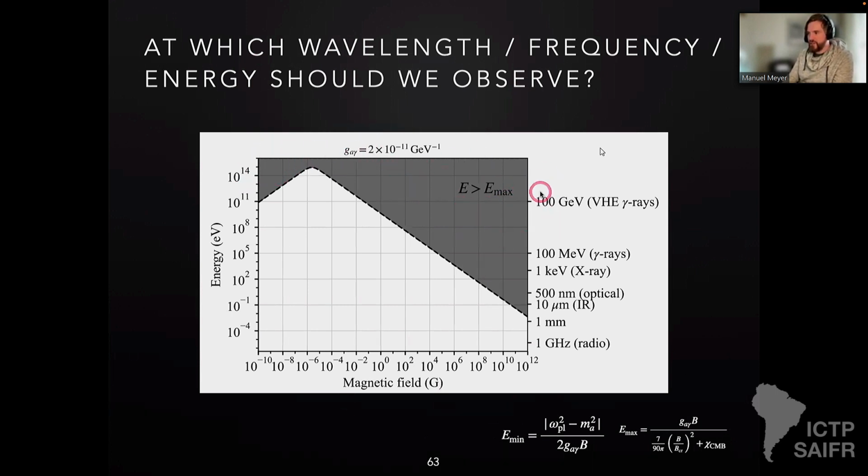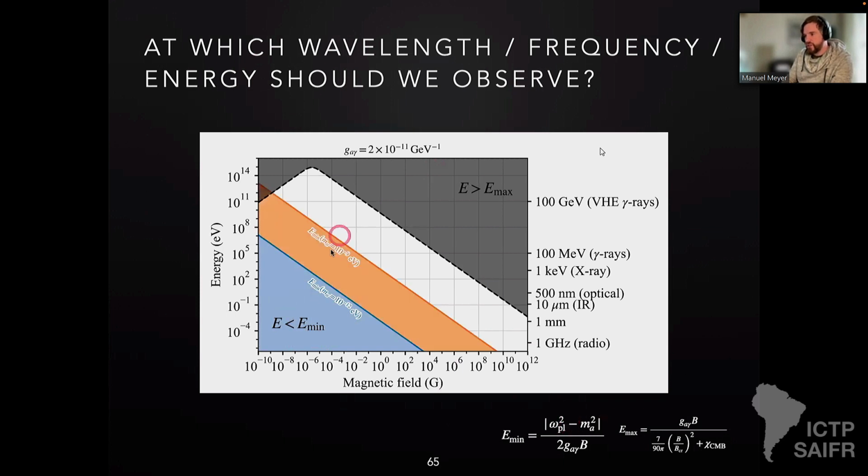So we can forget about this region altogether. Everything that is below here, here the energy is much smaller than this minimum energy. This is given for some mass, here 10 to the minus 12 electron volts. So again, here it won't make sense to observe a source that has a magnetic field of a microgauss at radio frequencies because we won't be able to see any oscillations if we want to search for axions. And now, as you increase the mass, right, this shifts upwards.